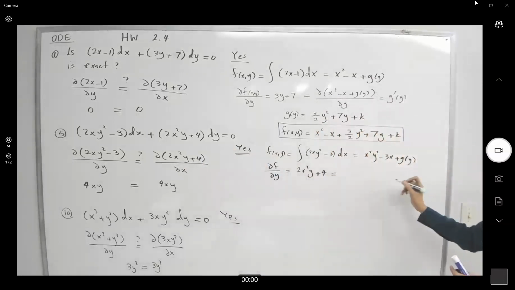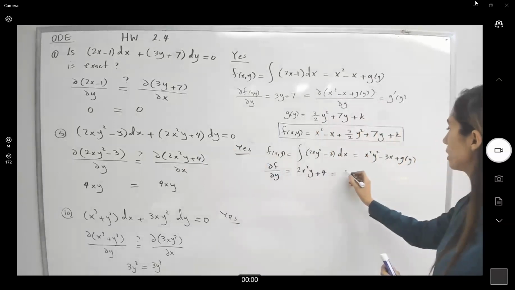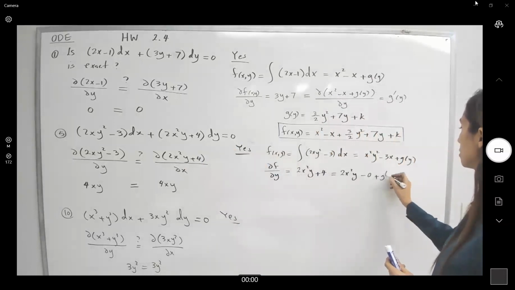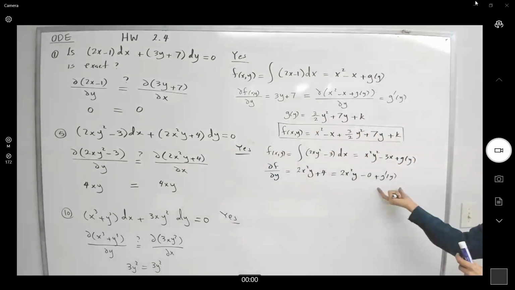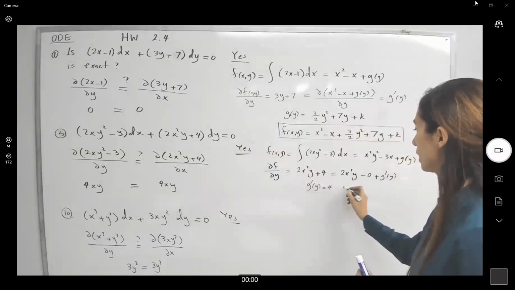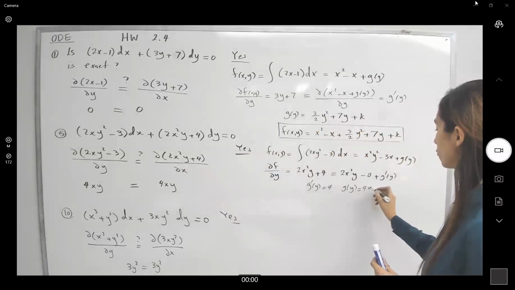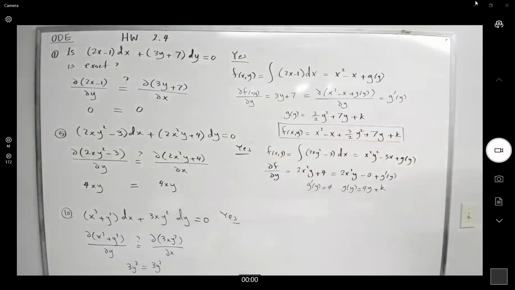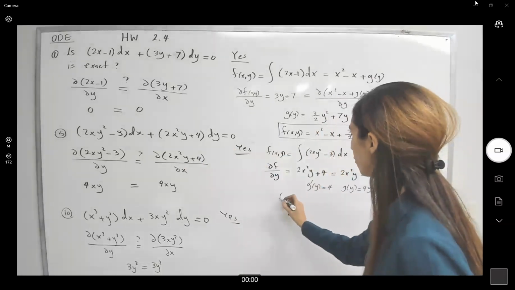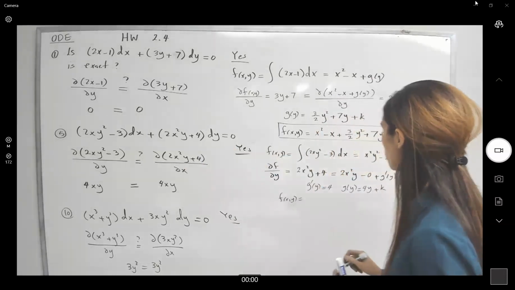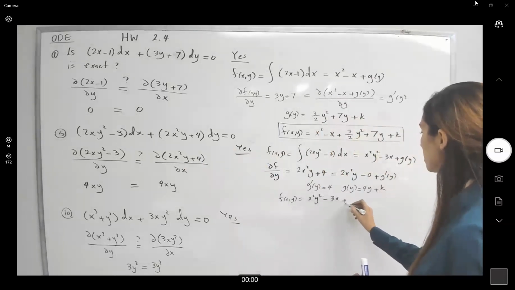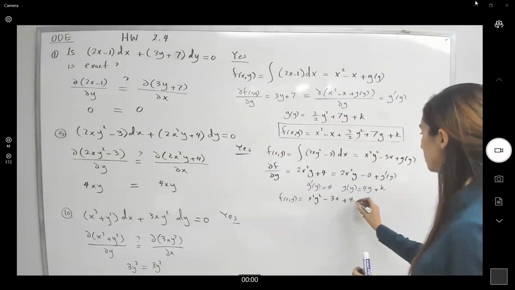Taking the partial derivative on this side with respect to y gives 2x squared y plus g prime of y. So g prime of y is equal to 4, and g of y is 4y plus a constant of integration, k. Now, if you substitute this back, the solution becomes x squared y squared minus 3x plus 4y plus k.